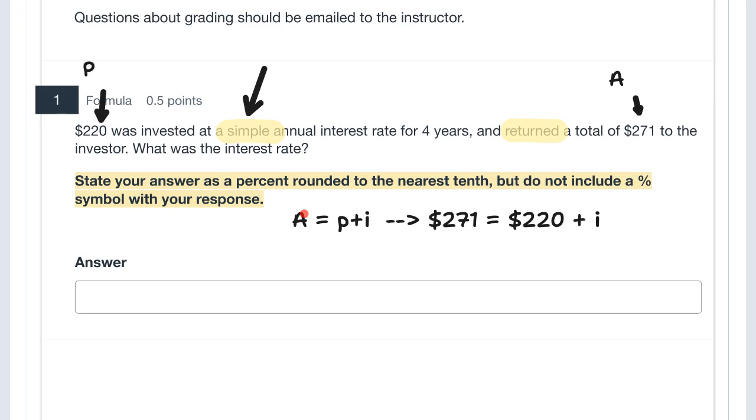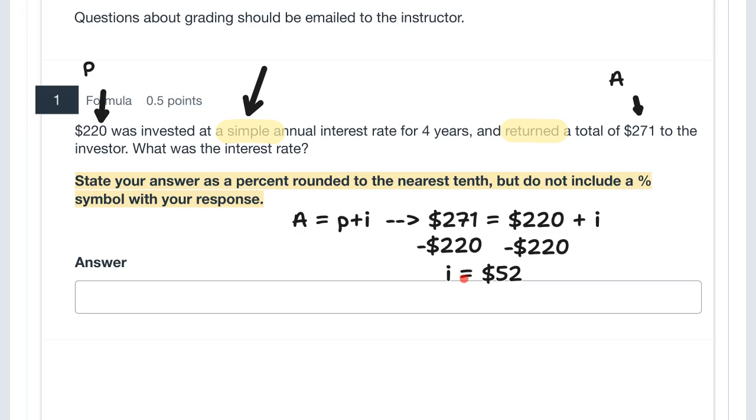That means that interest I has to be $52. How did I get $52? I have to subtract 220 from this side, right? And then also subtract it from this side. So this tells you the interest I is $52.